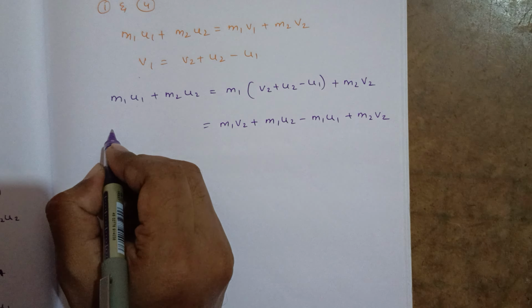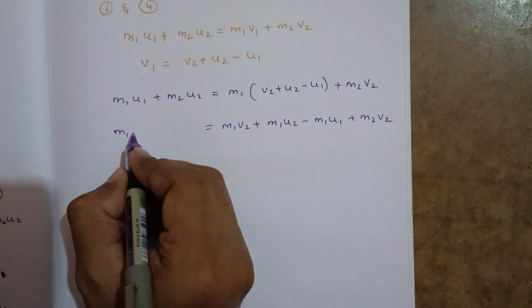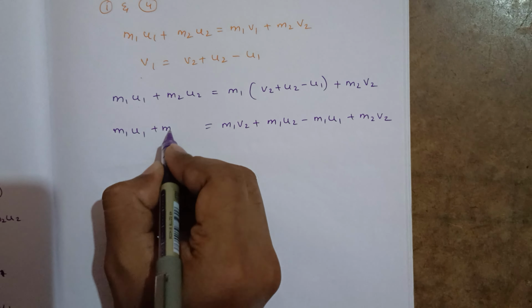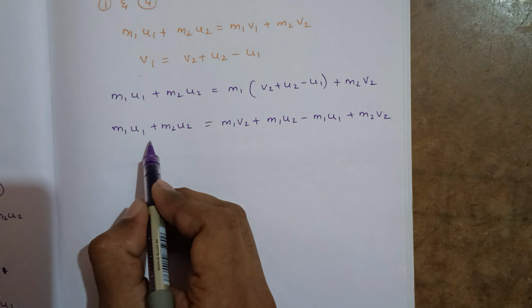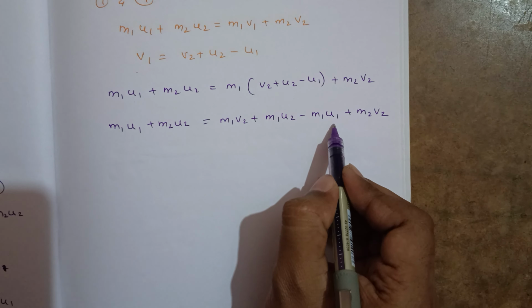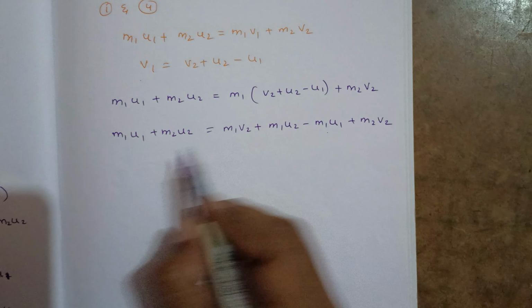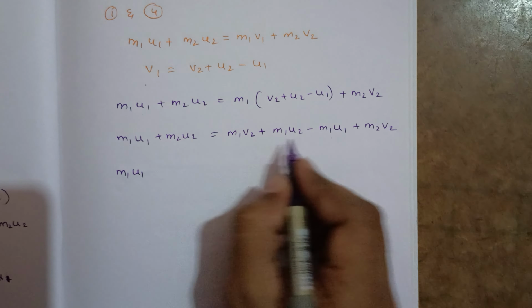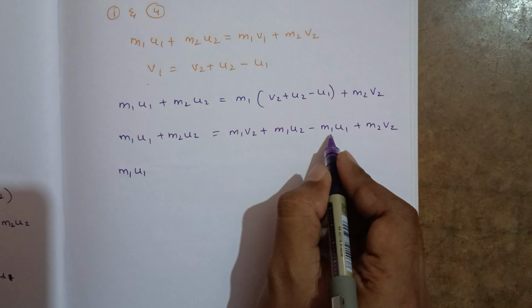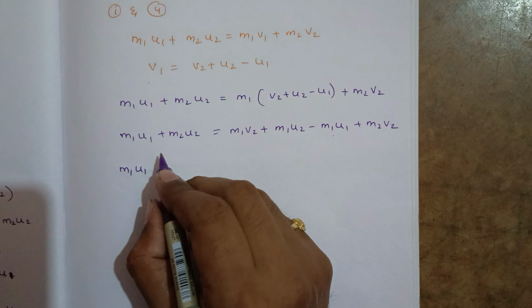So at this side, m1 u1 plus m2 u2. m1 u1 minus m1 u1 like previous, this is coming this side, m1 u1 plus m1 u1, minus coming this side becomes plus.